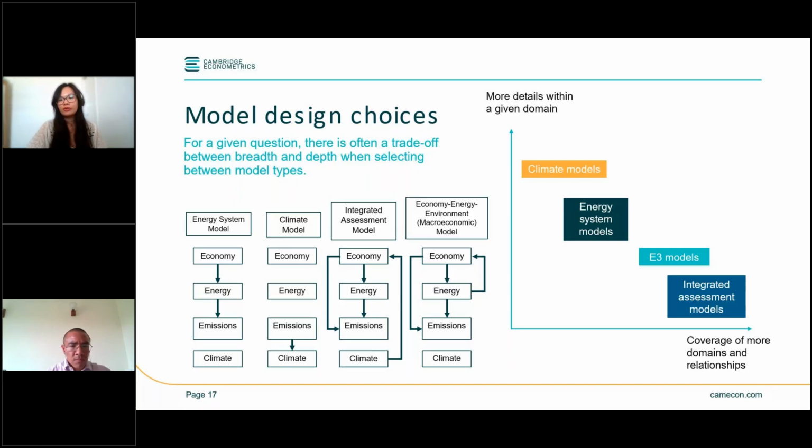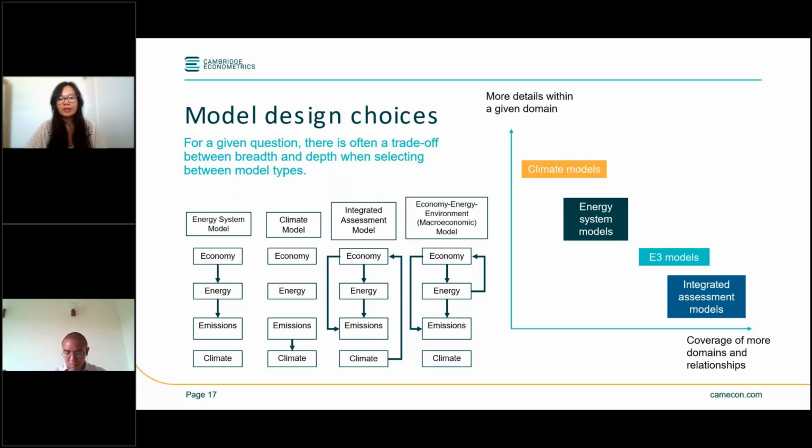For example, climate models can go into tracking climatic conditions on an hourly basis. And on the other hand, E3 models, because of their broad coverage, tend to require quite standardized classifications that are restricted to group of sectors and annual resolution rather than daily. And this is mainly a technical and model design consideration.